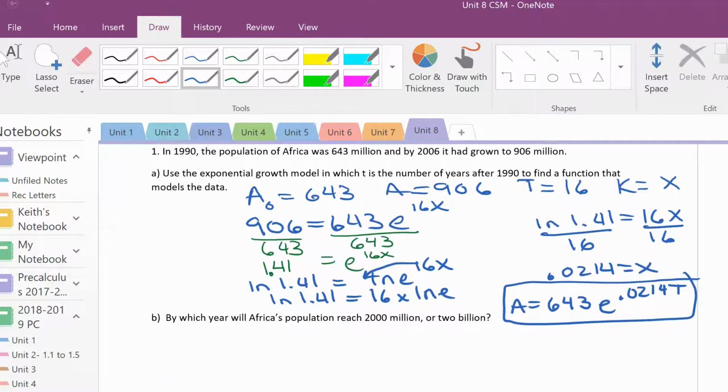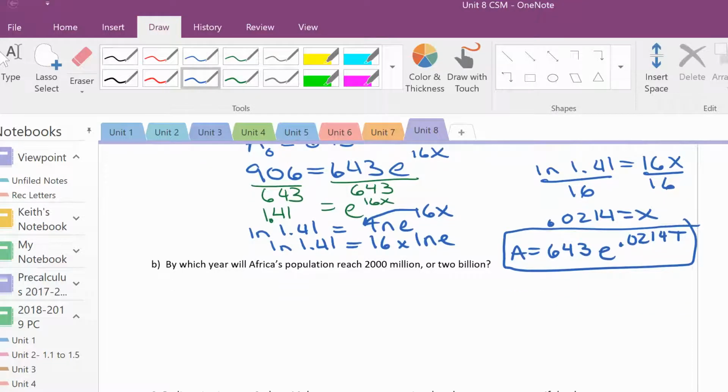So then it says, by which year will it reach 2,000 million? So that means A is going to be 2,000. So when we put in 2,000 for A, we have to solve for t. So we divide by 643.